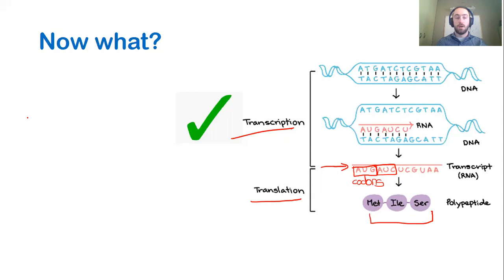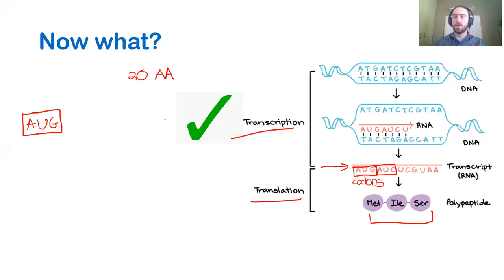So let's say A, U, G. Each 3 base pairs codes for an amino acid. But if we remember, there's only 20 amino acids, right?